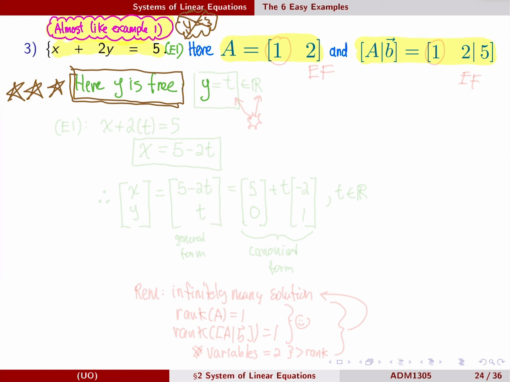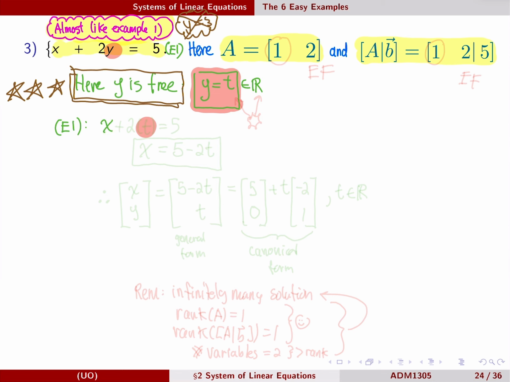The way you write this up is you say that y is equal to t, some real number. So you assign a specific value for y, and you say that this y is equal to t. And now when you put this information in the first equation, x is going to be computed as a function of this choice.